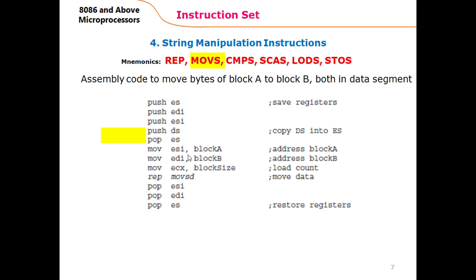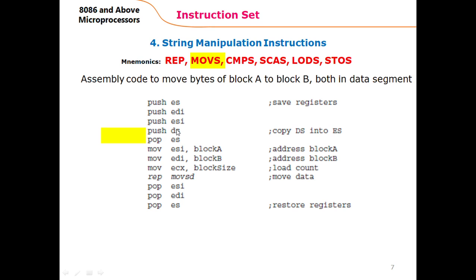these two instructions would just copy the content of the data segment register into the extra segment. So push DS would move the 16-bit value in the DS register onto the top of stack, and pop ES would read back that 16-bit value from the top of stack into the extra segment register.